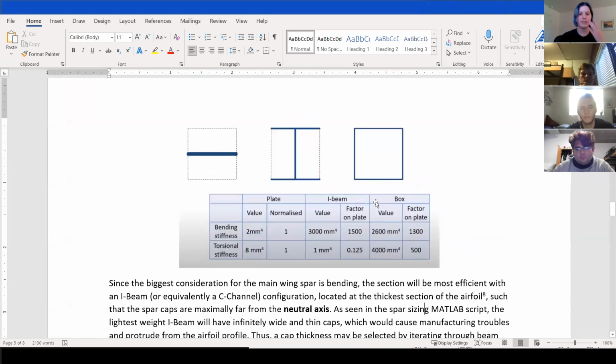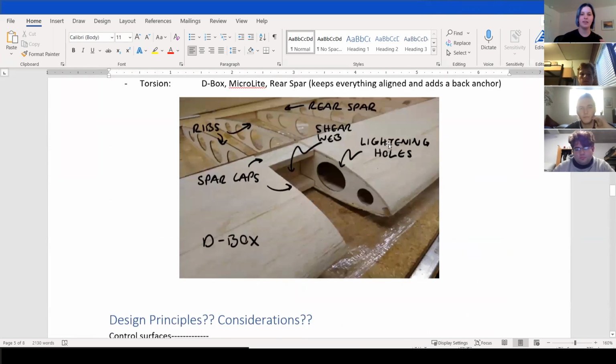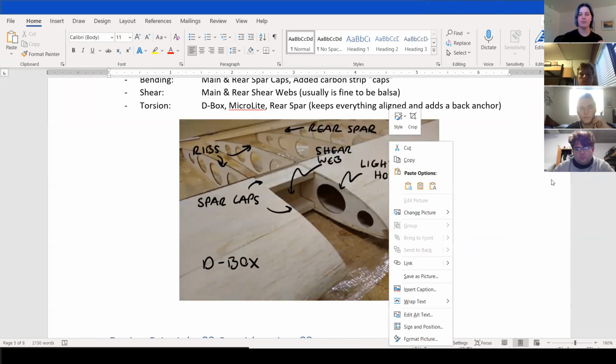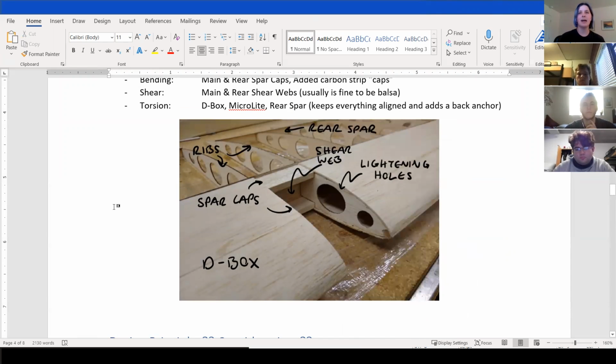Okay, so you can always keep that in mind. Boxes are really great for torsion because it's distributed through all of that. That's why we close this shape. I'm going to get this wrong, since I'm not aero, but your center of pressure is not aligned with your spar.